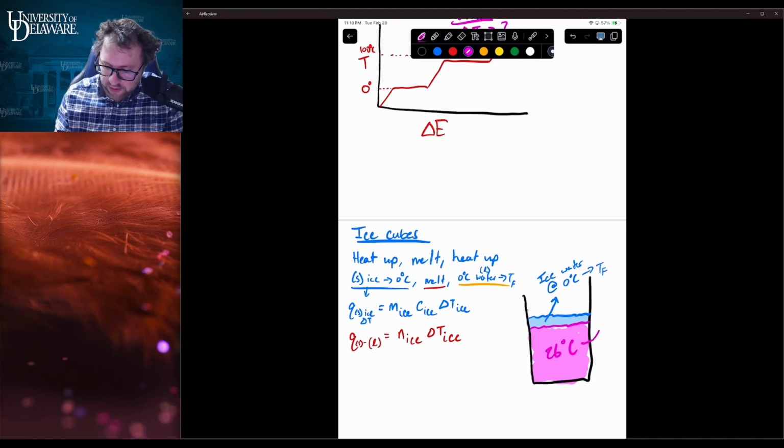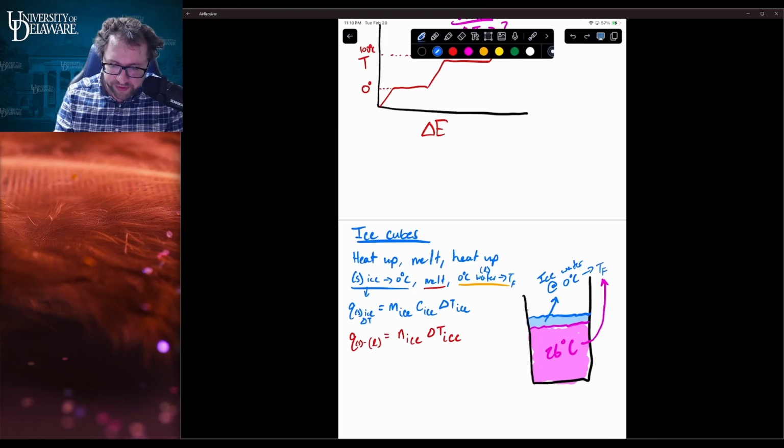That's also going to go to TF, but they're going to go to the same TF because at thermal equilibrium, everything's the same temperature. This right here is what students, or really anyone, even if I ask my workshop leaders or my TAs or seniors, is the piece that gets left out. After the water undergoes that phase change, it still has to get up to the final temperature. It's just not magically at the final temperature.